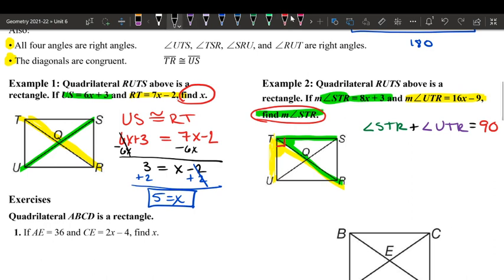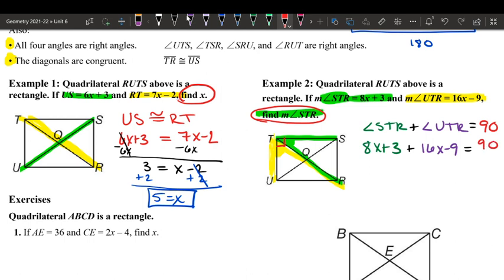And then I can fill in the values that I have for them. 8x plus 3 plus 16x minus 9 equals 90 degrees.